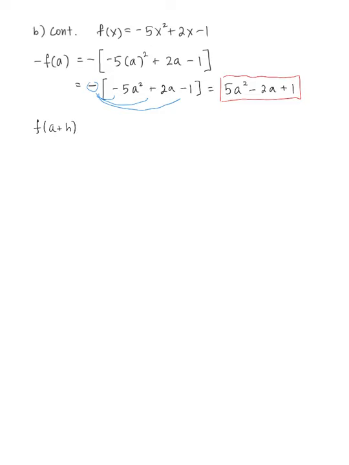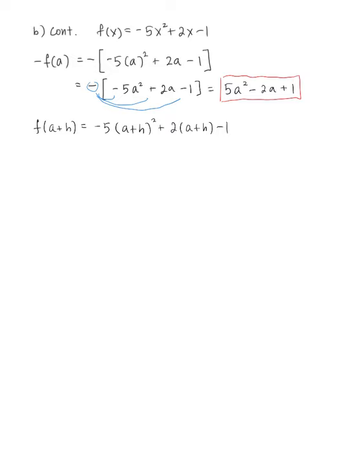Feel free to pause the video if you want to try this on your own. But I'm going to start. So this is the same thing as negative 5 times a plus h squared plus 2 times a plus h and then minus 1. Now be careful here.